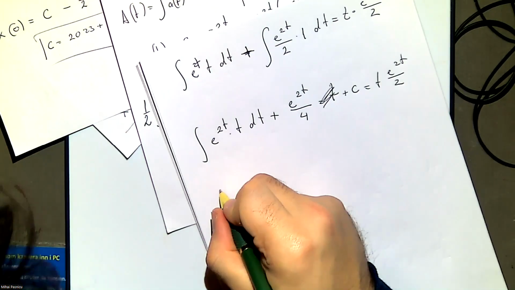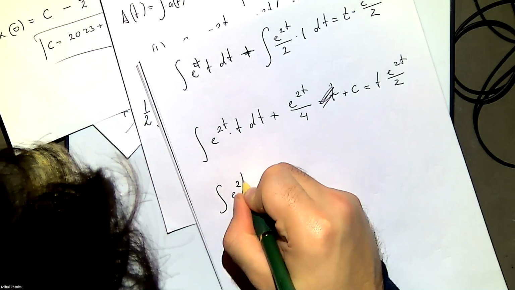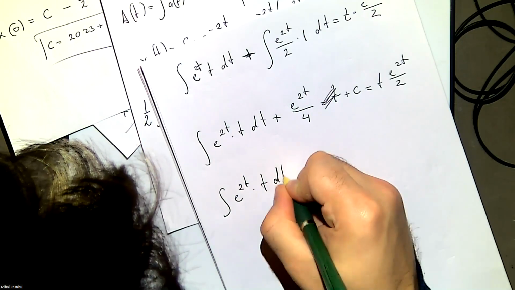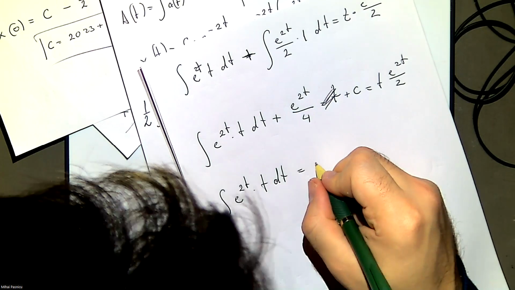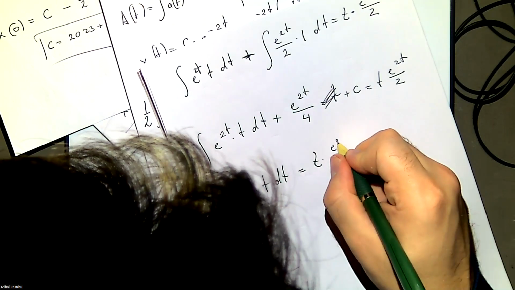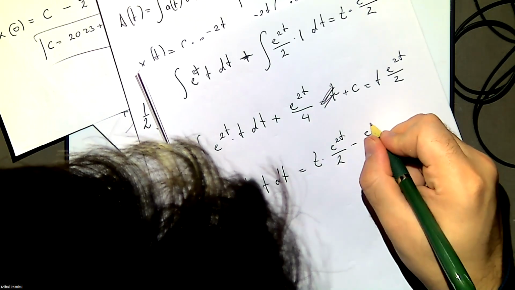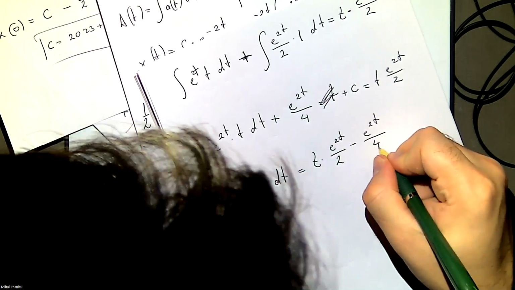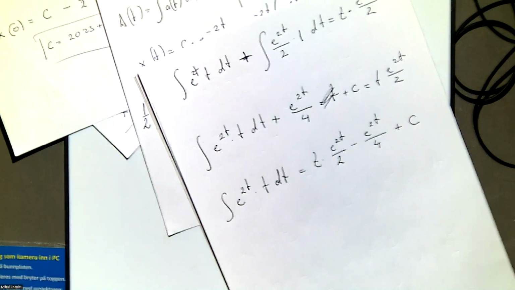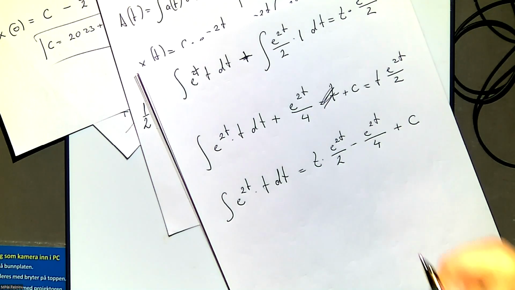Move everything to the other side, and I get the integral of e^(2t) times t dt is equal to t times e^(2t) over 2 minus e^(2t) over 4 plus a constant. I know I could have written minus, but as you know, it doesn't matter really what I put there.